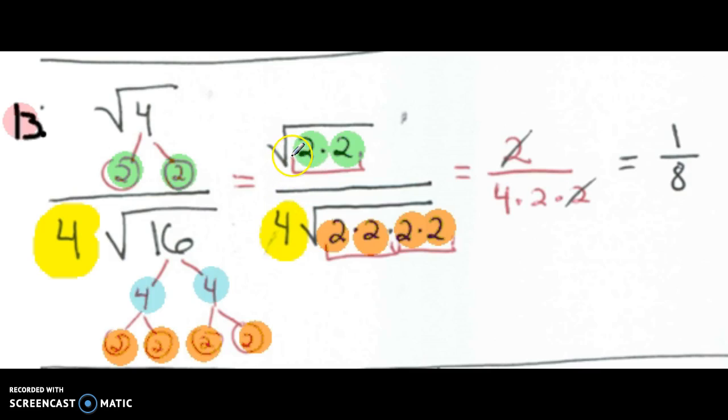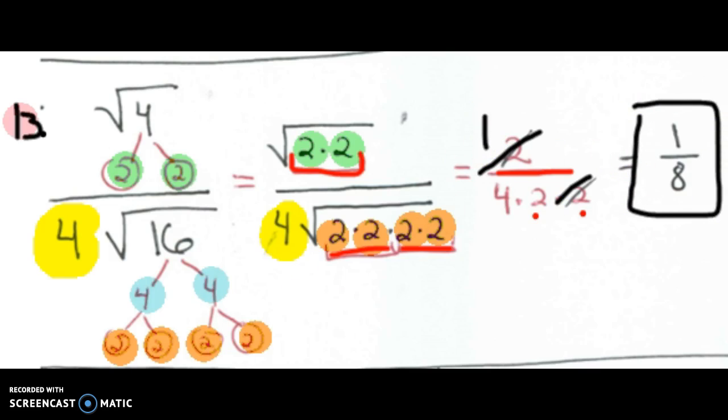I have an index of 2, so I'm looking for sets of 2's to come out. That's where this 2 comes from. Then I have another set of 2's and another set of 2's. That's how I got that 2 and that 2. And I notice right away this reduces and this reduces. So I'm going to multiply them. That's how I got that answer.